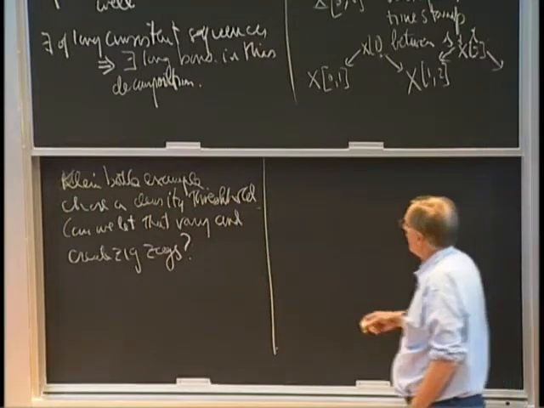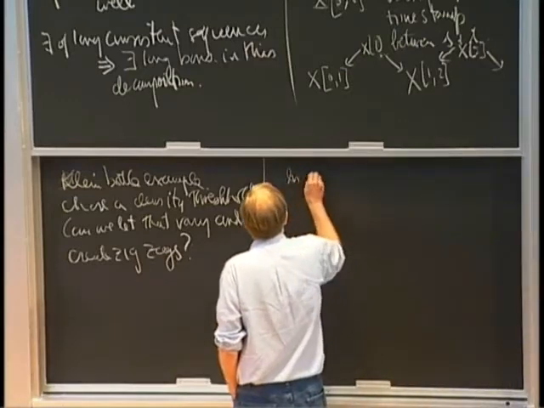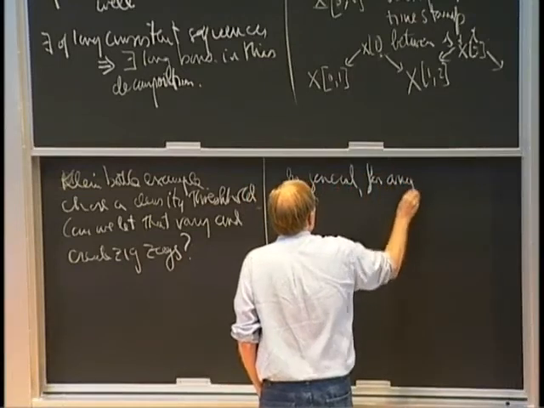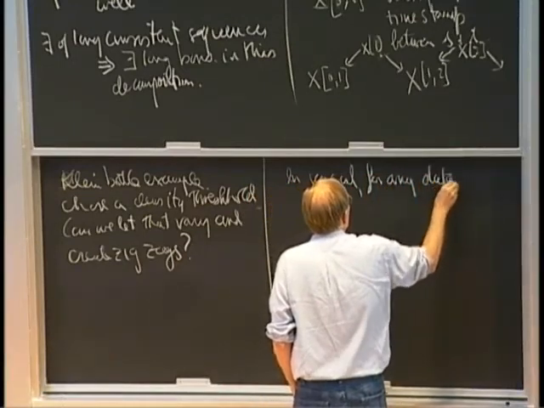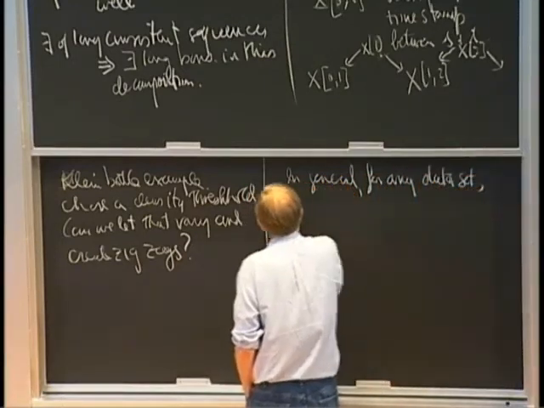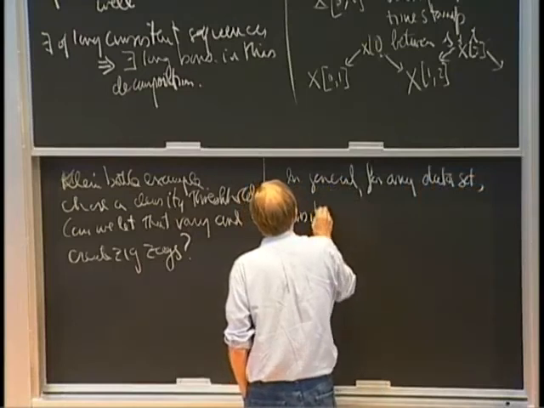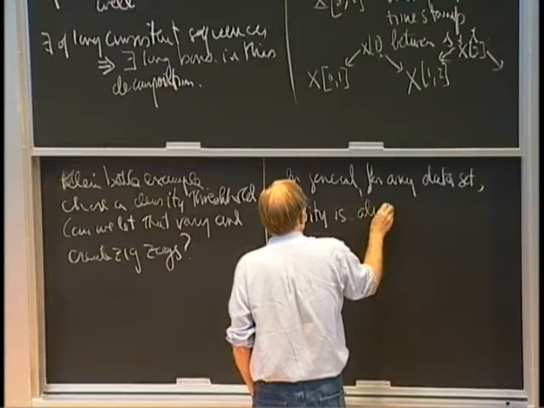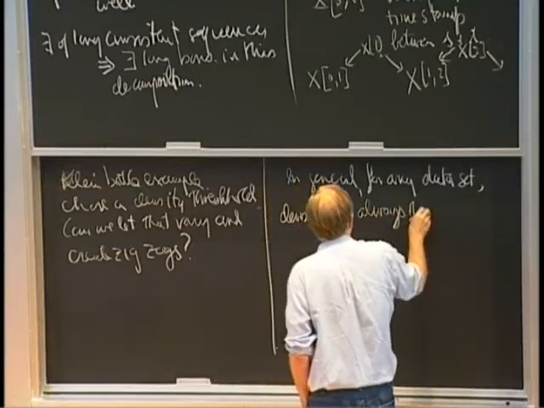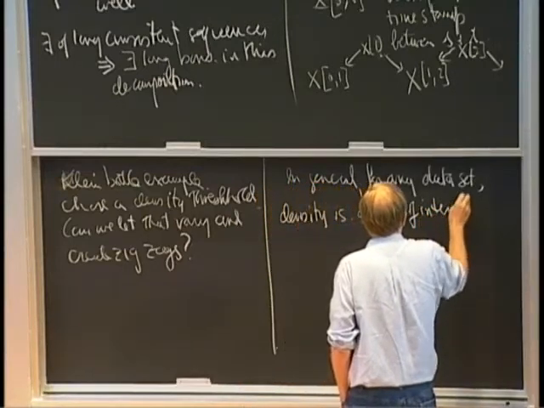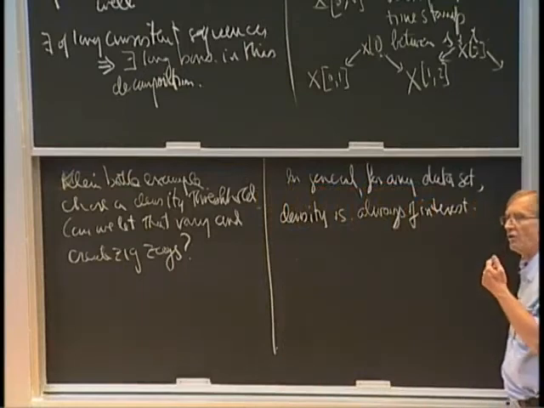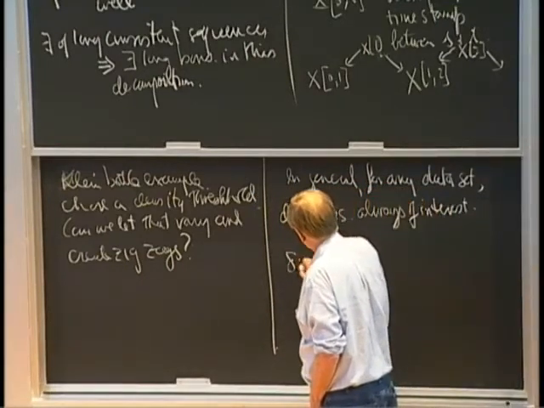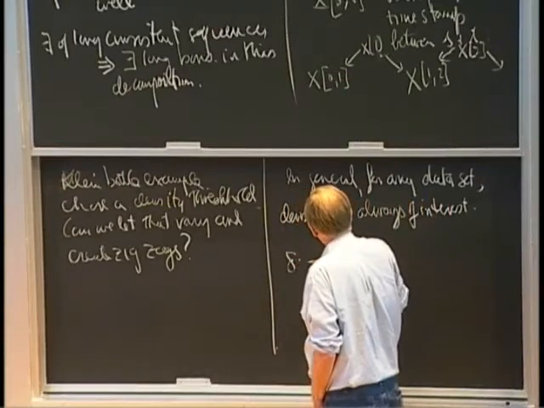In fact, in general, when studying any data set, density is almost always of interest. Okay. So what I would want to do is have a threshold parameter delta. So delta is a threshold parameter for density.